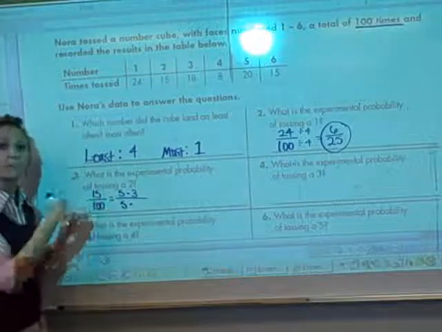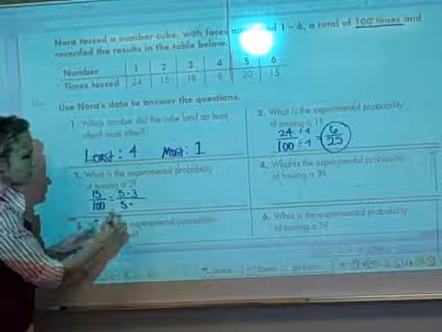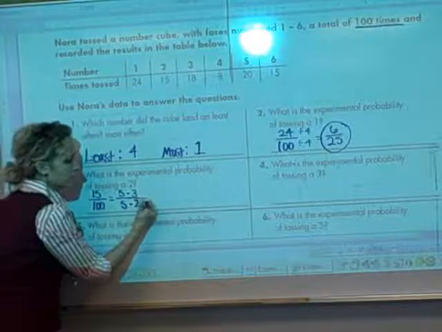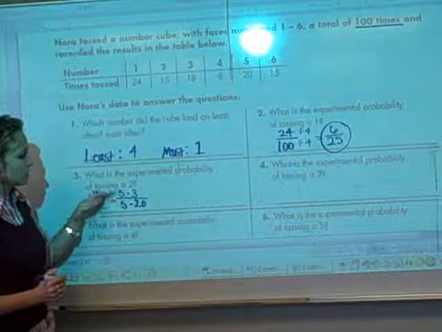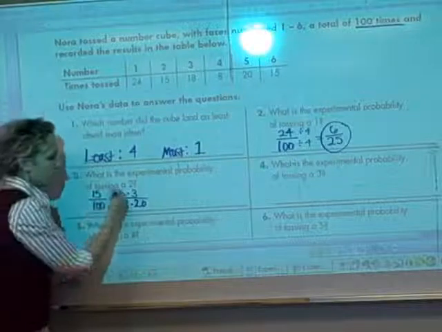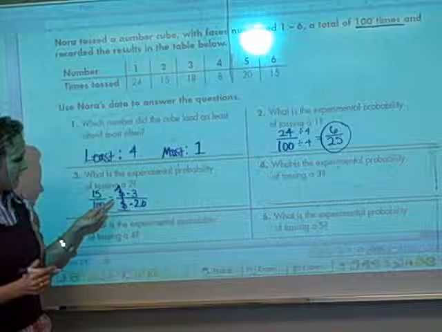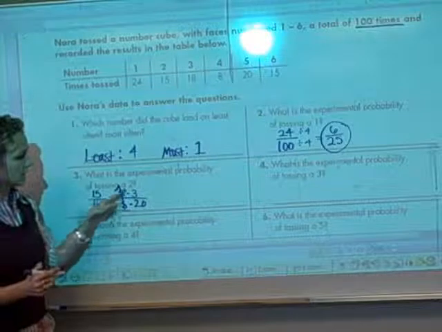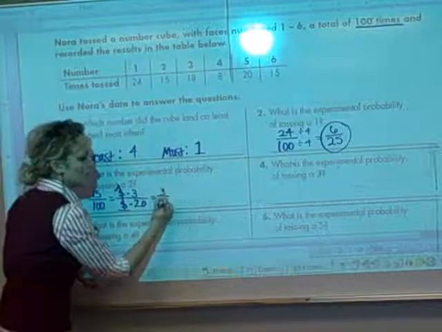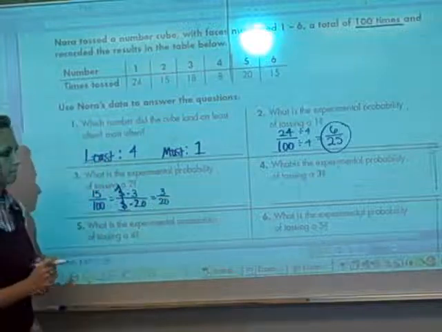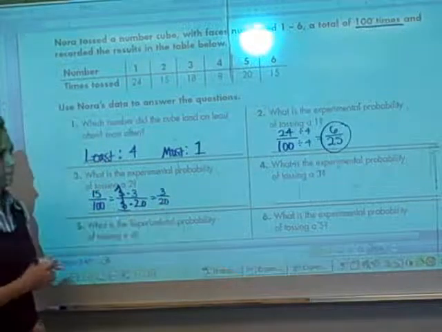So I would write this as 5 times 20. 5 times 20 is 100. Well, we know that anything over itself always equals 1. So 5 over 5 is like a big 1. And what's 1 times 3 over 20? Well, that's just 3 over 20. We're done. We can't simplify this one anymore.